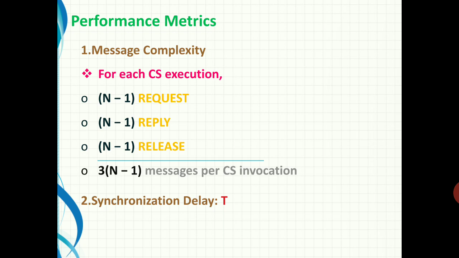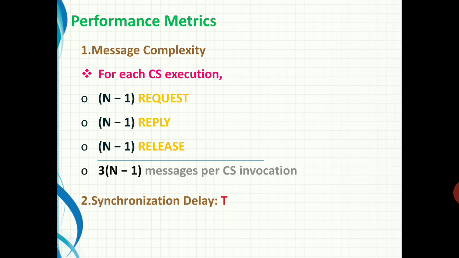Then there are also n-1 replies needed to enter the critical section. After completing the critical section, it will send n-1 release messages also. So in total, 3 into n-1 messages per critical section are needed for Lamport's mutual exclusion algorithm.